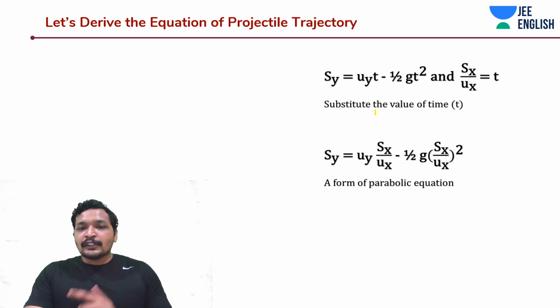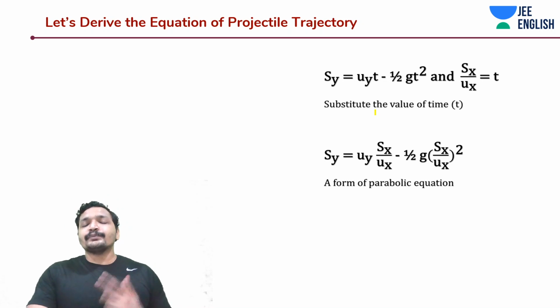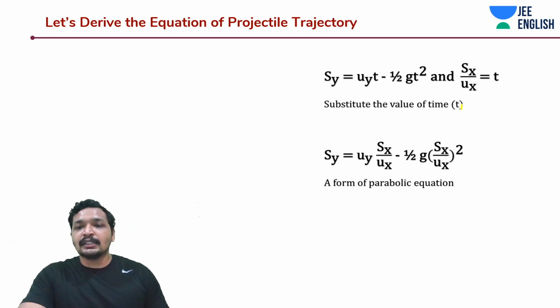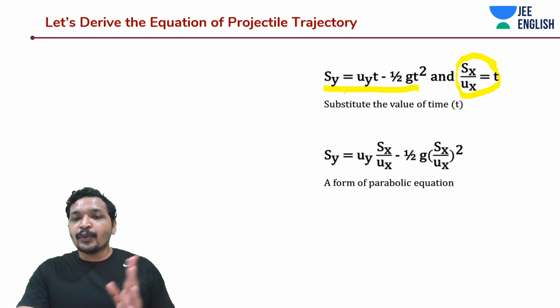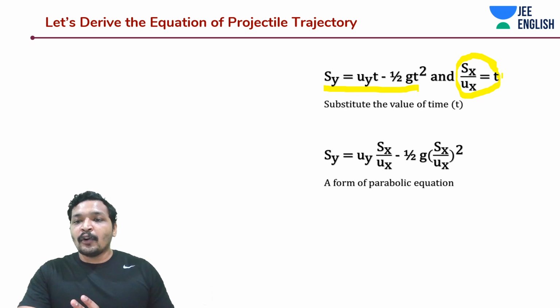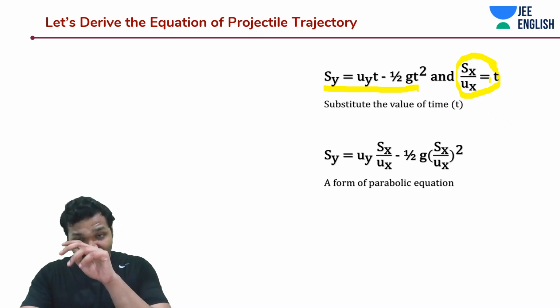Alright guys, now we'll solve for the equation of the projectile trajectory. So now I'm going to replace something in this projectile equation along the y-axis using the projectile equation along the x-axis to find the projectile trajectory. I know that sy is equal to uy t minus half g t squared, and I also know that sx is equal to ux into t, which means t is equal to sx by ux.